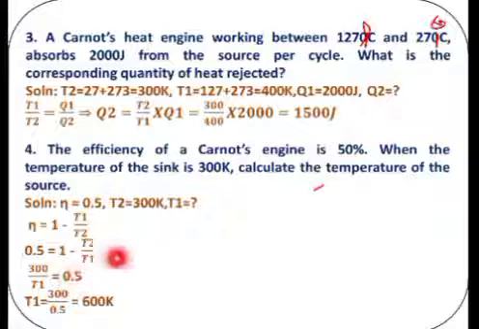T1 is not given, so we have to substitute only T2 and eta and search for the value of T1. T1 is equal to 300 divided by 0.5, which is equal to 600 Kelvin. So this is the final answer for T1.